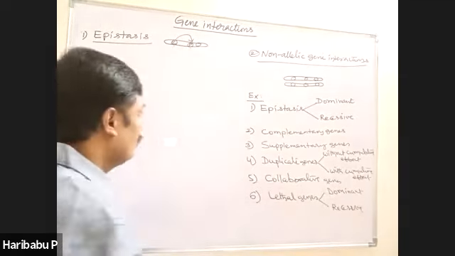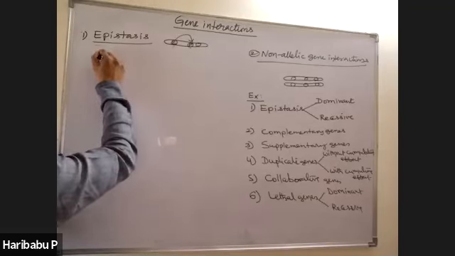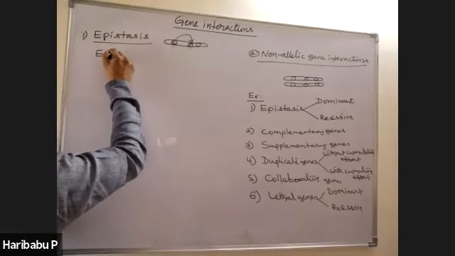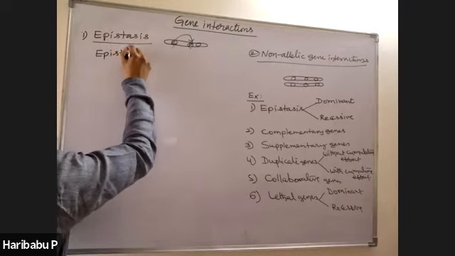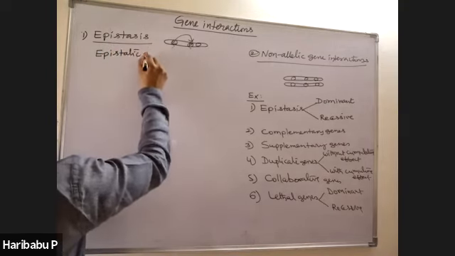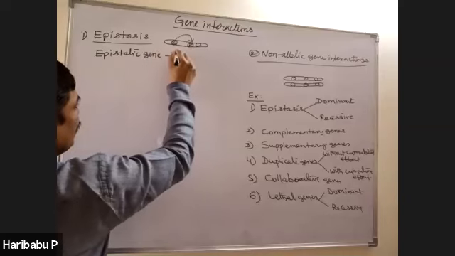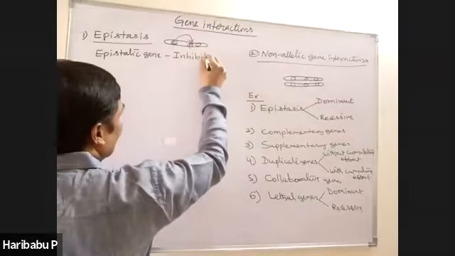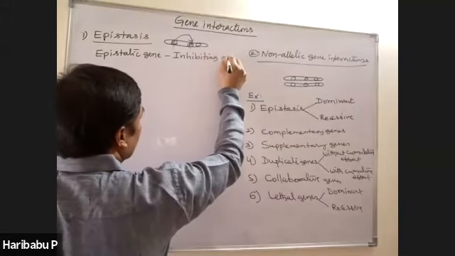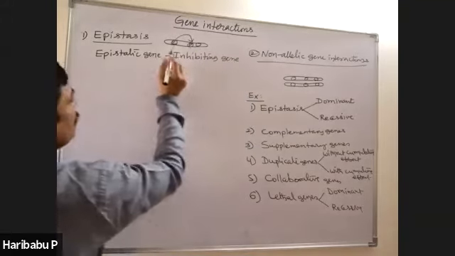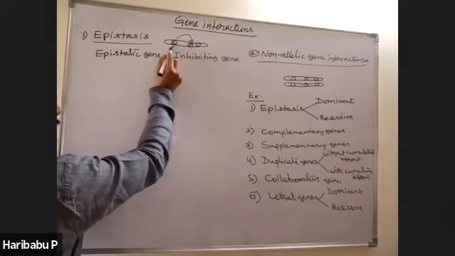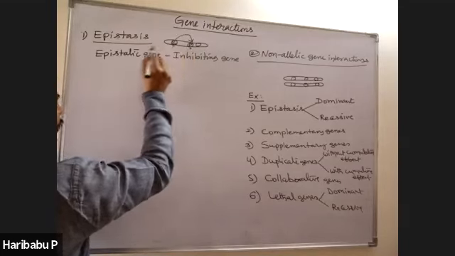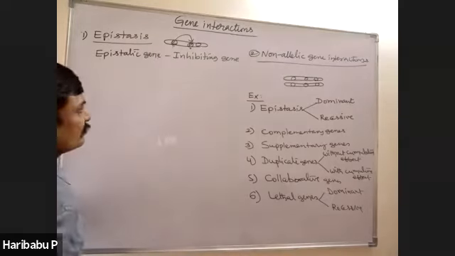Now I will tell you the difference between epistatic gene and hypostatic gene. What is an epistatic gene? Inhibiting gene. I mean to say, this gene inhibiting this gene, now this gene is called the epistatic gene.